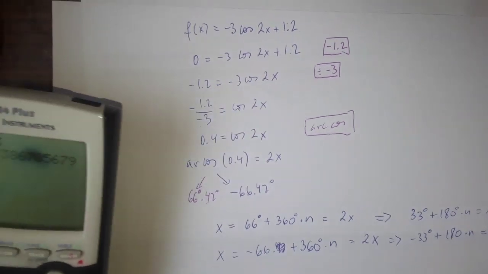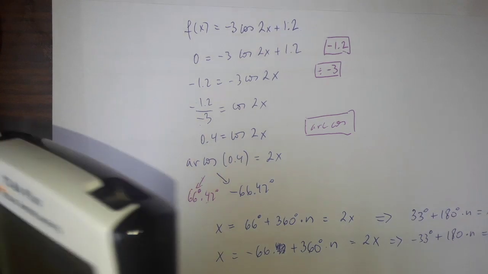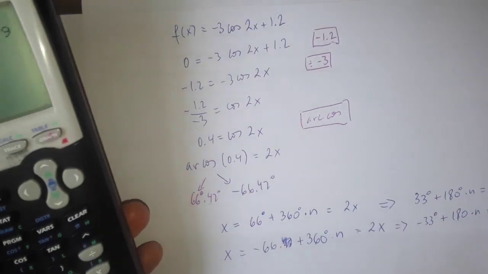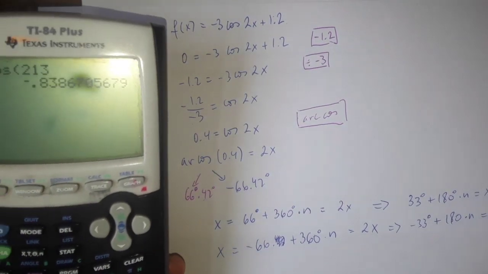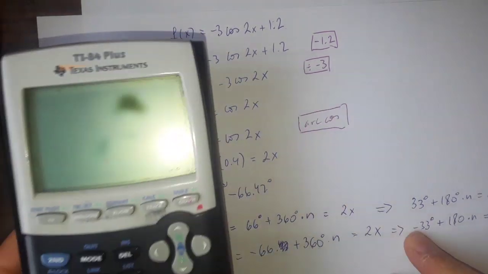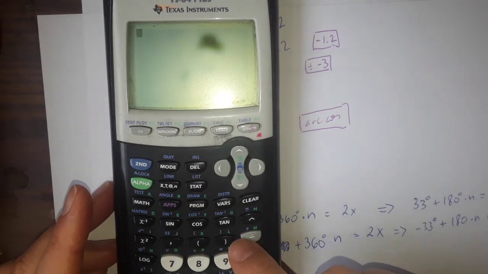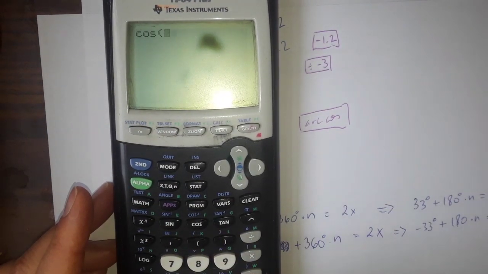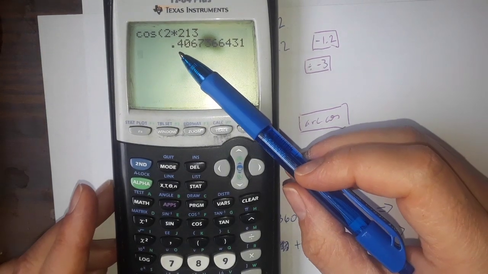No, it's 2x, right? And I should get 0.4. So that means if I do cosine of 2 times 213, I get close to 0.4.